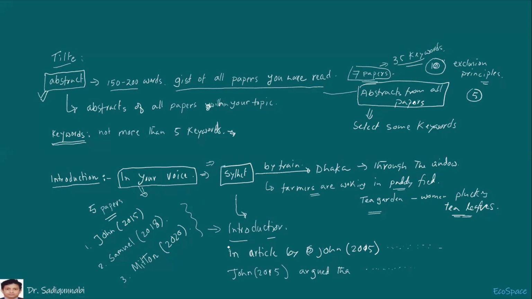Or you are going to write down something like this. You have written something and after the sentence you write it in this way, maybe John, 2015. Okay. So these are the styles, and this style is called referencing.